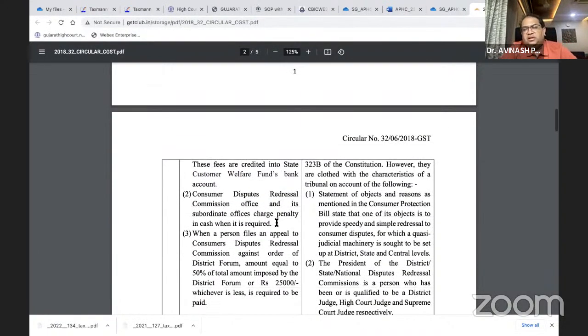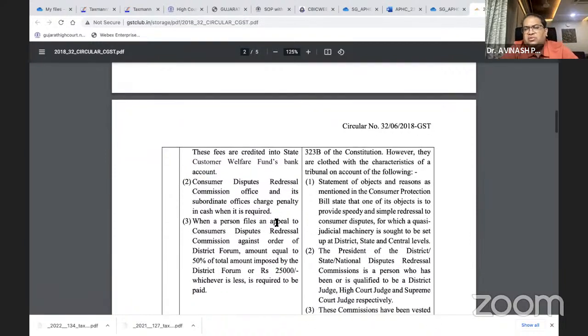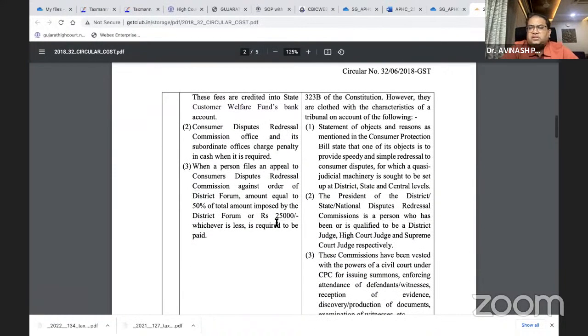However, they are clothed with the characteristics of a tribunal on account of the following. 1. The statement of objects and reasons mentioned in the Consumer Protection Bill states that one of its objects is to provide speedy and simple redressal to consumer disputes, for which a quasi-judicial machinery is sought to be set up at district, state, and central levels.